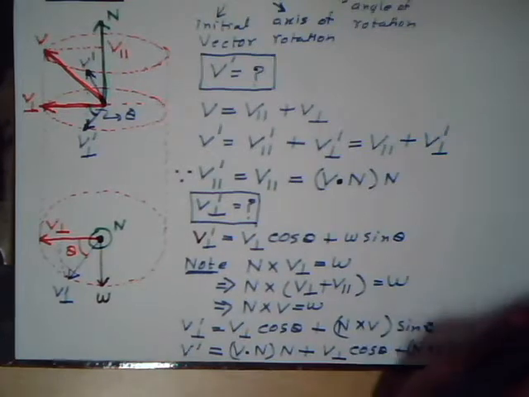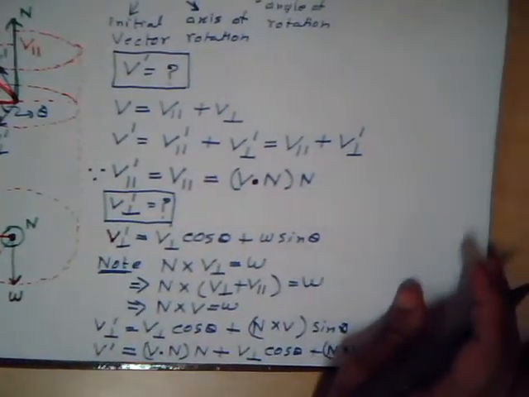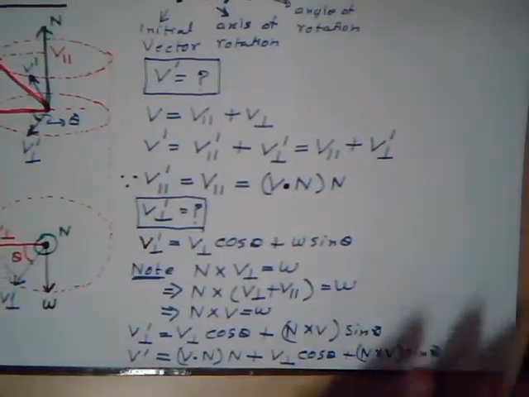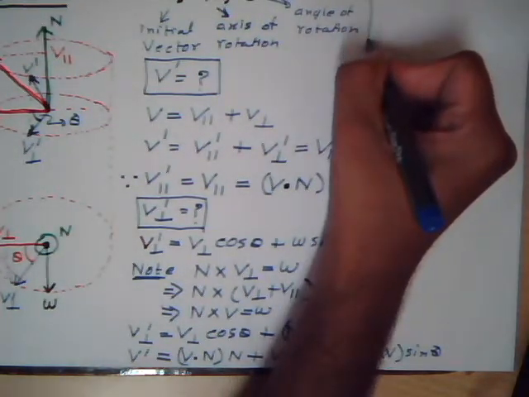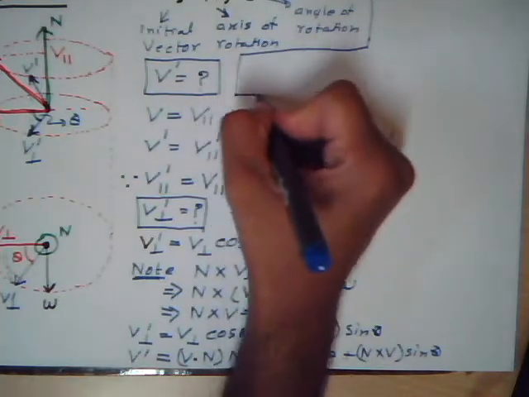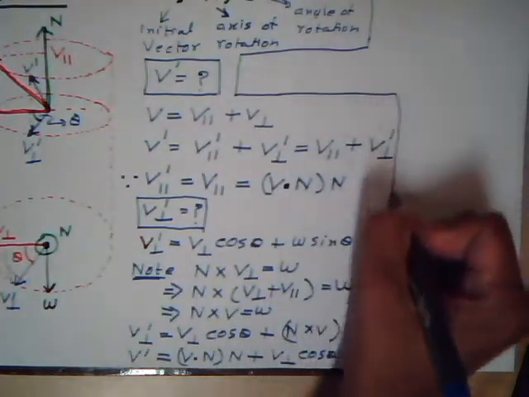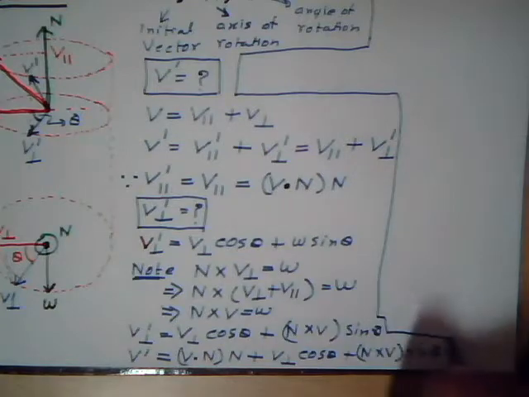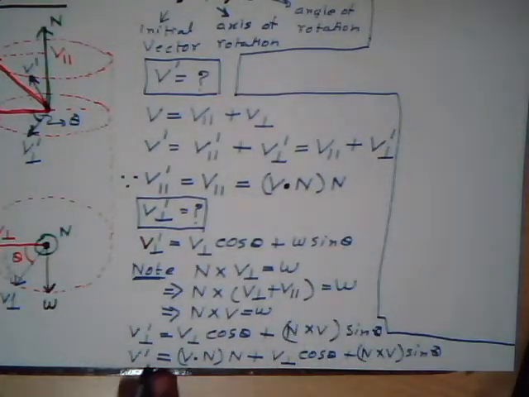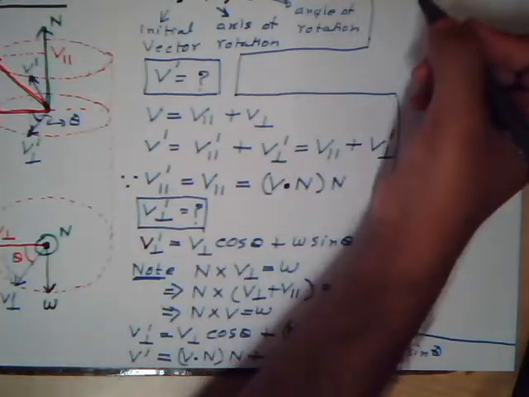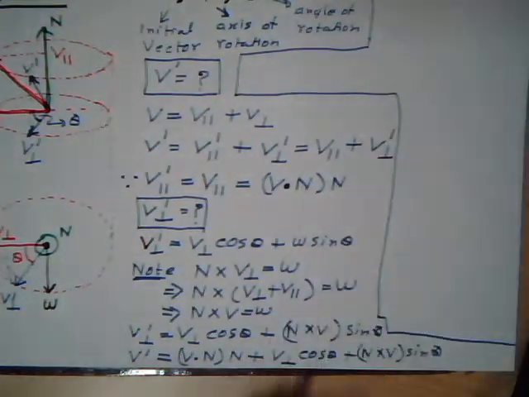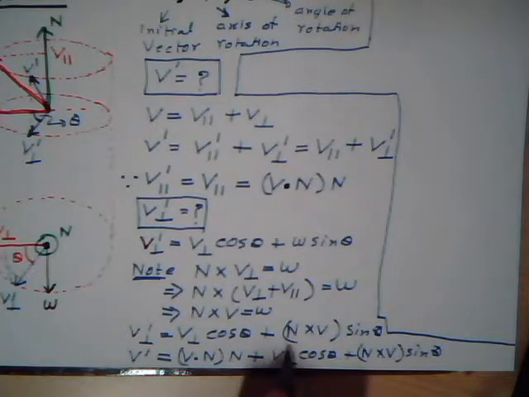Next, let me use this space. So now v prime can be written as, I shall put the value of v perp in this equation.